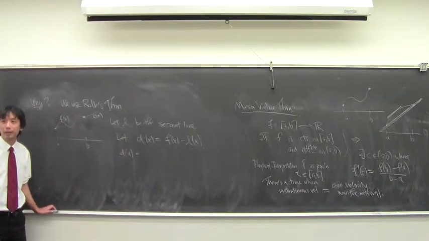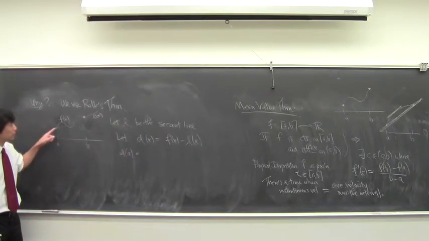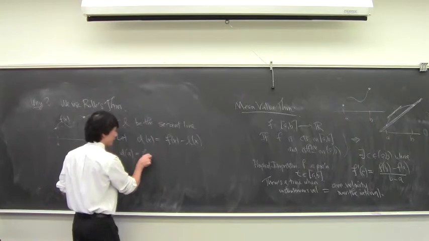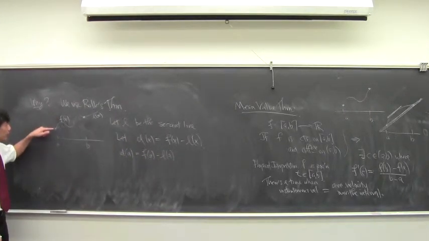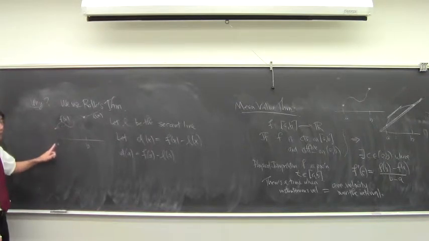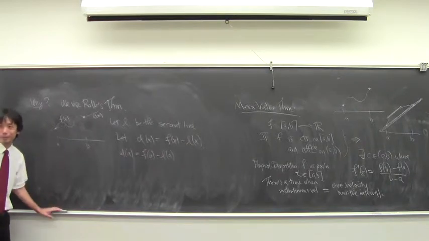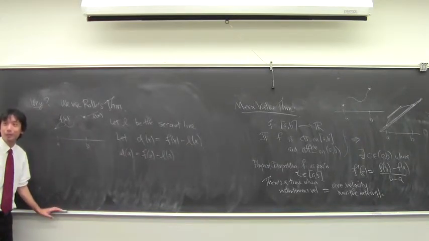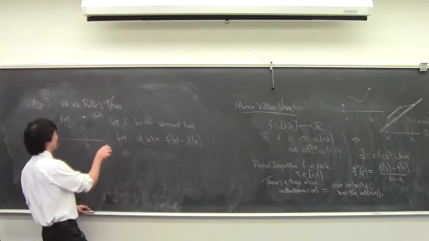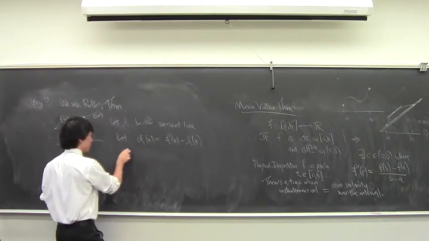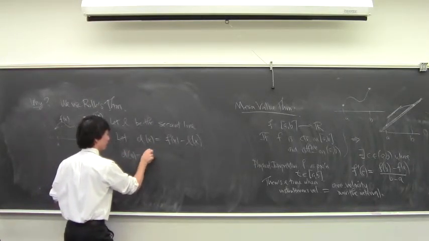D of A is going to be F of A minus L of A. So what's the difference between the function and the line at A? 0. Okay. Exactly. So notice that D of A equals D of B.